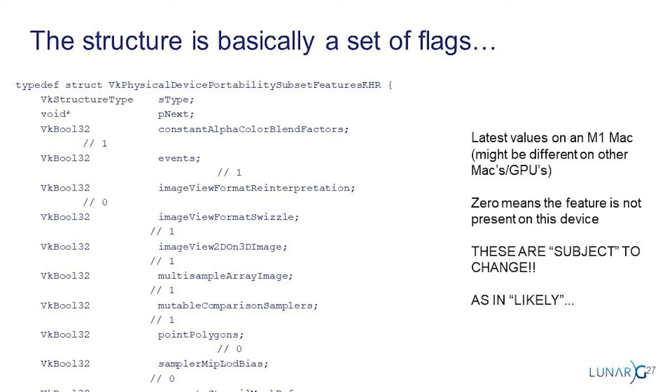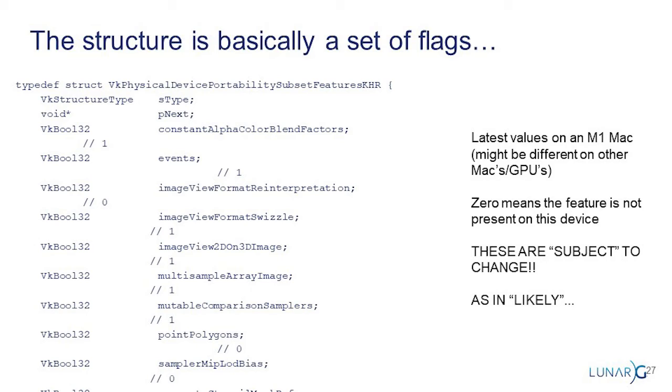So we have this structure, the device portability subset features. This is subject to change, but right now this is what it looks like. And they're just a bunch of flags that are on or off. This is a set of flags on my Mac M1. Let's see if I can get that to pop up. This could change. You've got a Mac with an embedded NVIDIA card or an AMD or Intel integrated graphics.